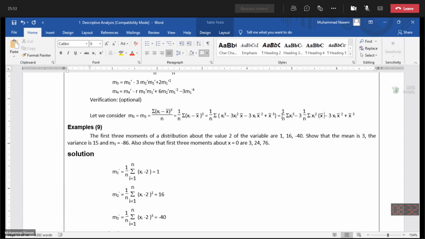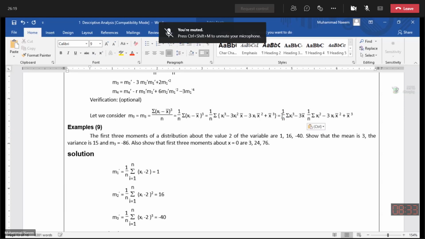Remember, this one is again constant. We can also take this x bar outside the sigma. This is not necessary, just for convenience. 3 and x bar are taken outside and for the rest of the expression, the variable term is xi square. So sigma is applied to only the variable terms.